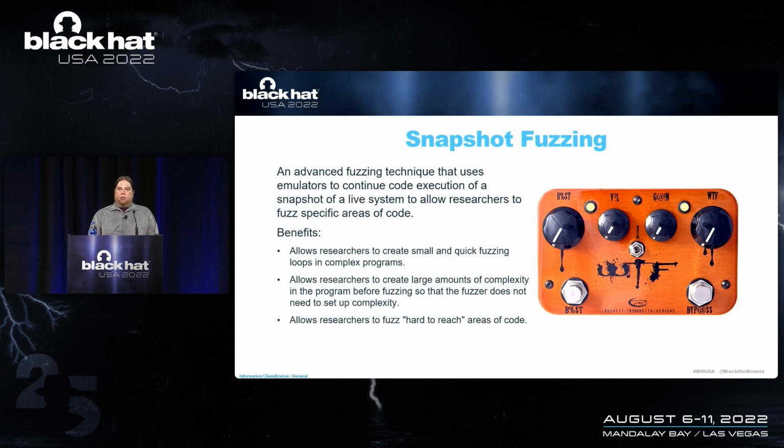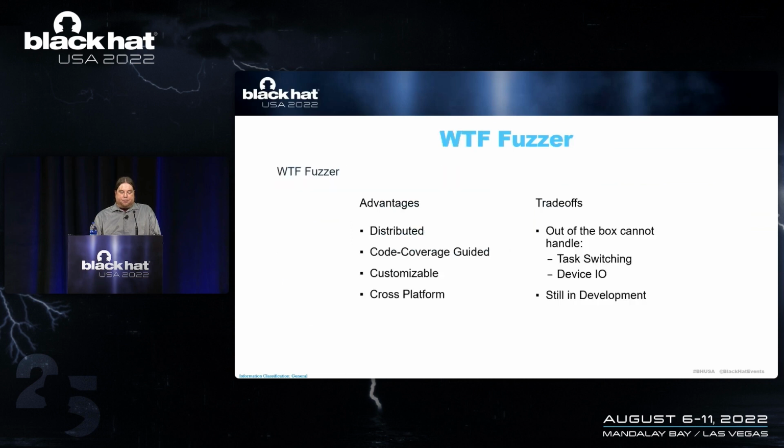And ultimately, this allows us to set a breakpoint at the entry point to any function we want, whether it's userland or kernel, and replace the contents of buffers being passed to those APIs to do our fuzzing. Other advantage of this is that it is distributed, so you run one server and it uses TCP sockets and communicates over the wire from clients.